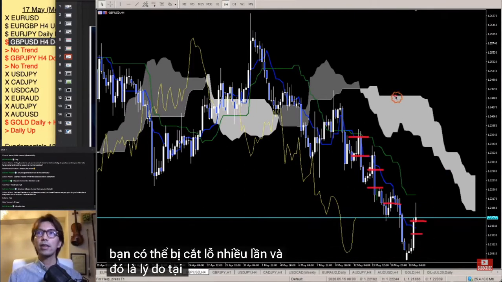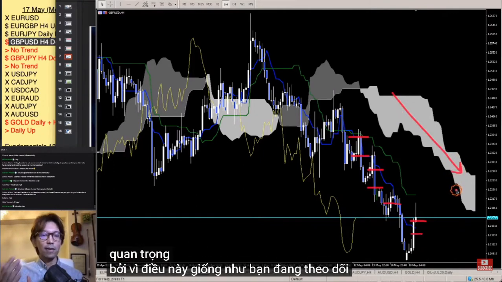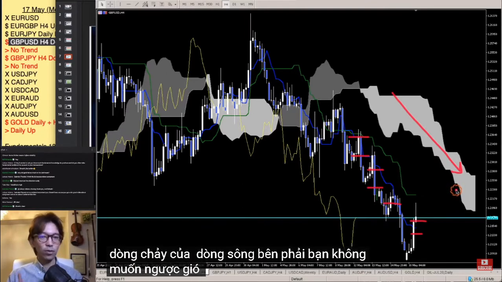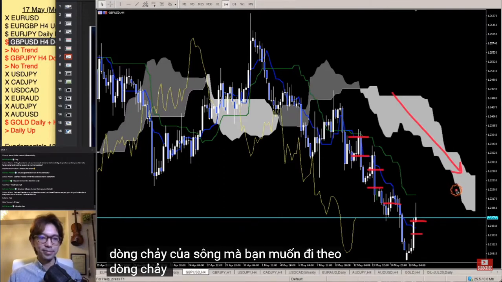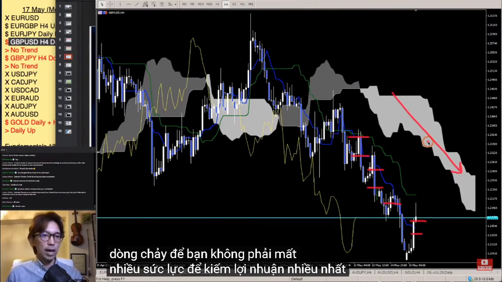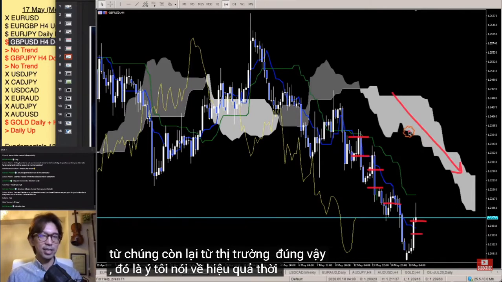That's why trend following is very important. It's like following the flow of the river. You don't want to go against the wind or the river flow, but along with the flow, so that you don't have to spend much energy to make the most profit out of the market. That's what I mean by time efficiency.